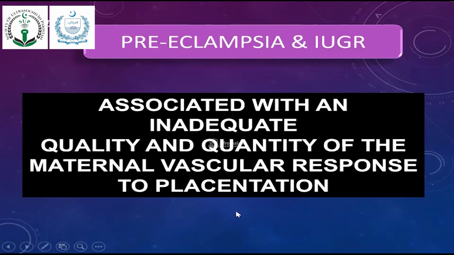So when the placenta is in demand of vascularity, the proper quantity of blood and the required quality of blood is not being supplied by the maternal vascular system, which can result in inadequacy and then end up in preeclampsia, which can lead to a few abnormalities, and the top of the list is IUGR.